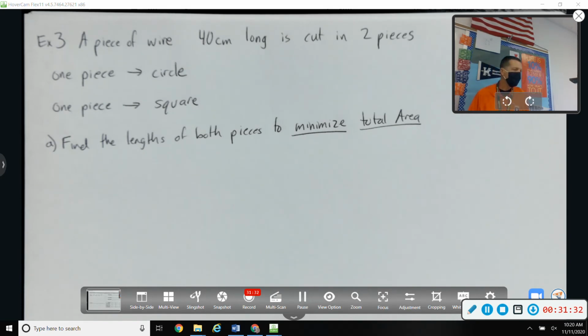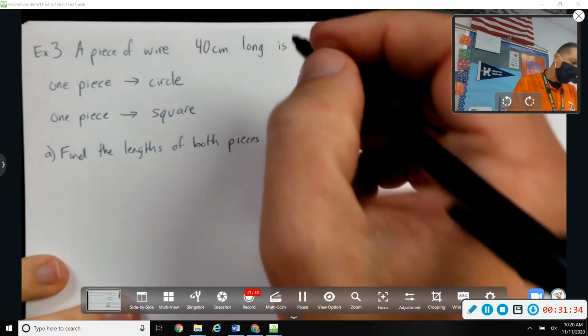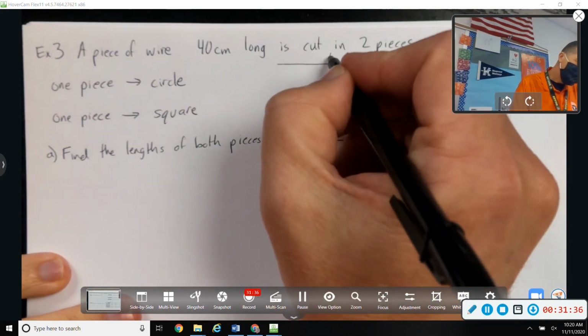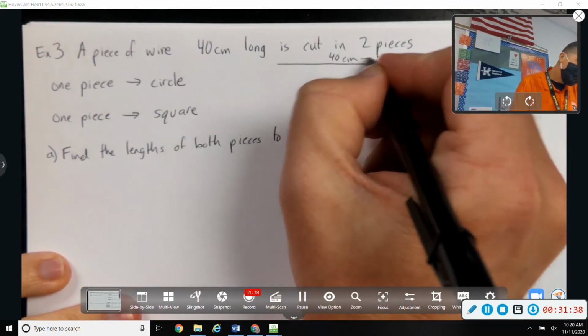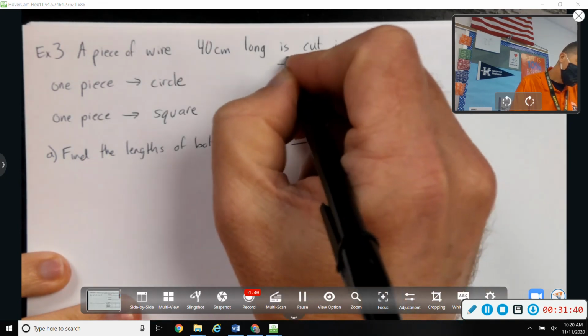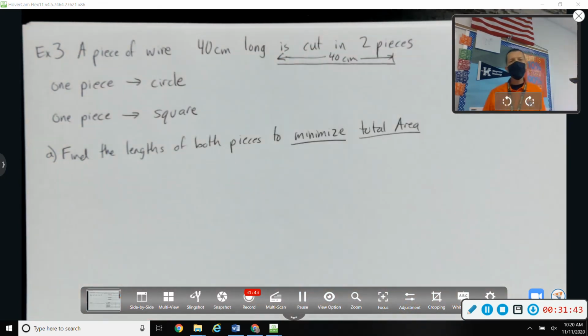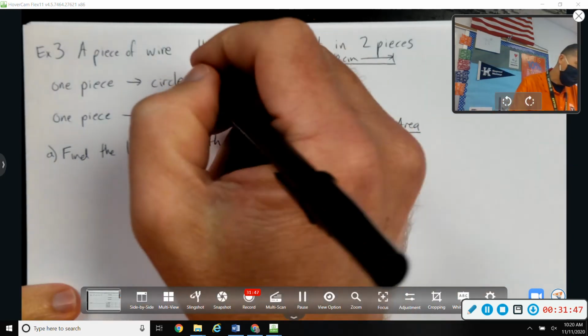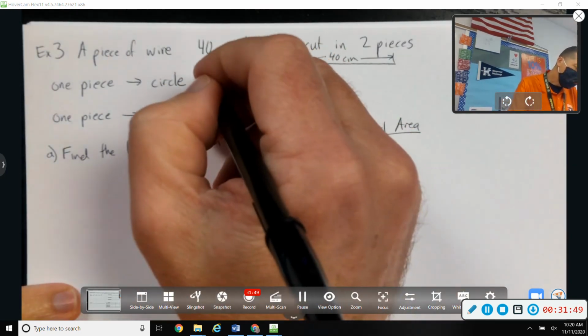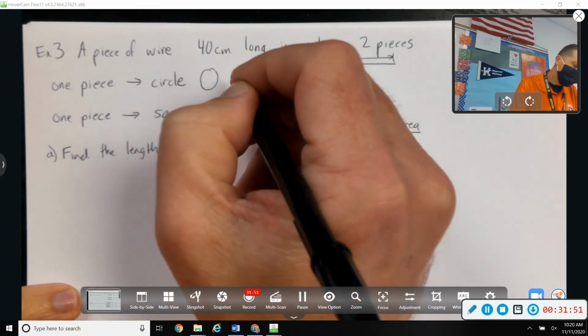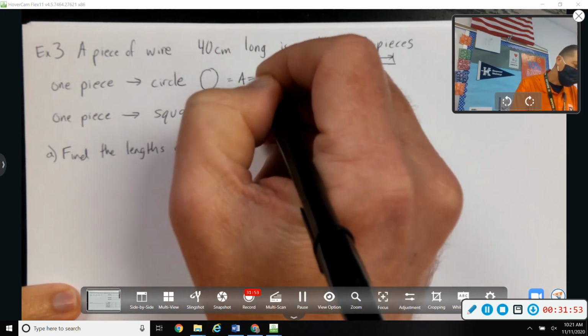So we'll start with a piece of wire that's 40 centimeters long. We're going to cut it somewhere and bend one of the pieces into a circle and the other piece into a square. A circle, that area is pi r squared.